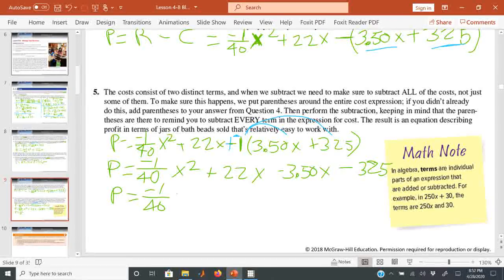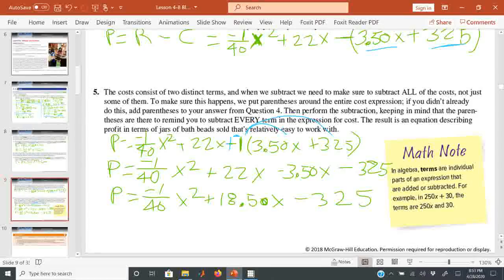-1 over 40x squared. Now I combine like terms. I have 22 x's and I lose 3.5 x's. That gives me 18.50x minus 325.